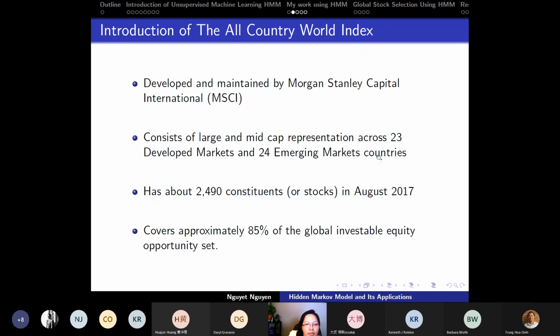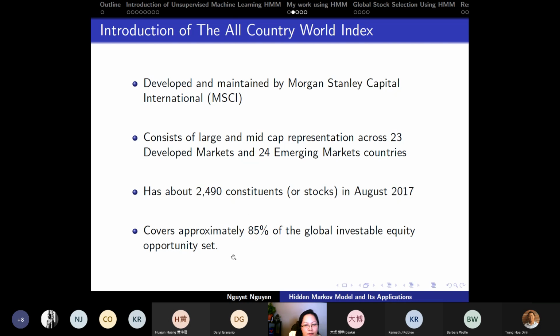The All Country World Index includes 23 developed markets and 24 emerging market countries. And in 2017, it consisted of about 2,490 constituents, or stocks. These numbers change every month or even every day, because every day the stock markets will have some stocks registered and some removed.